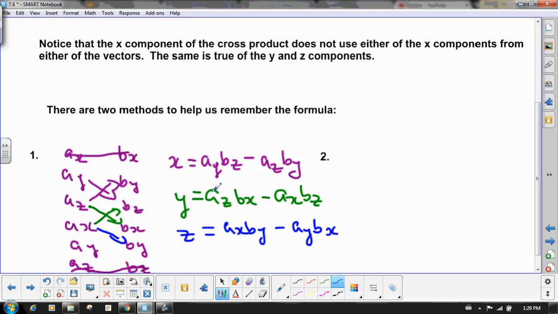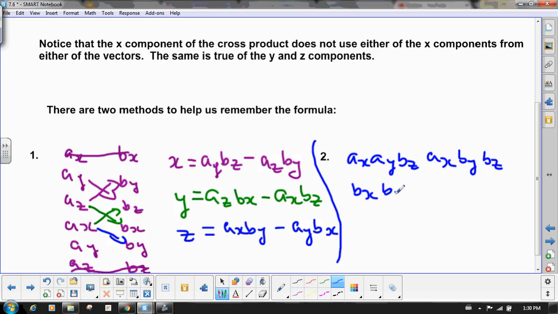Then each of those values, when you actually work them out, will give you the value of your cross product. The other way that you can write it is, instead of doing it vertically, you could write it horizontally. So I'm just going to separate that here. You would have ax, ay, az, bx, by, bz, bx, by, bz.